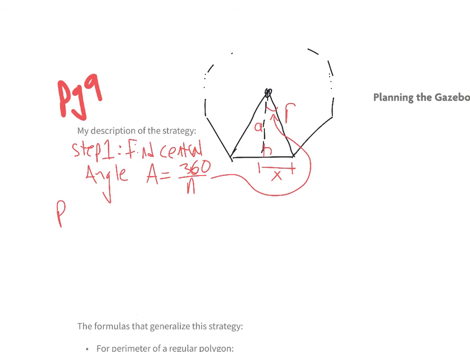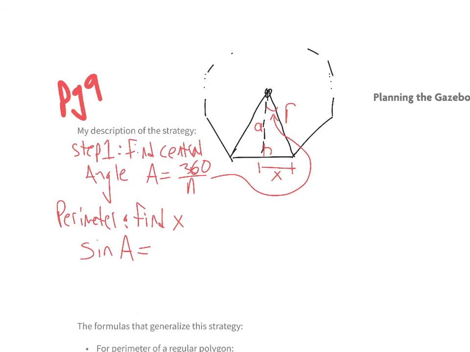So for the perimeter, we need to find X. And to do that, we're going to use, in most cases, it might change. It depends on what we know.